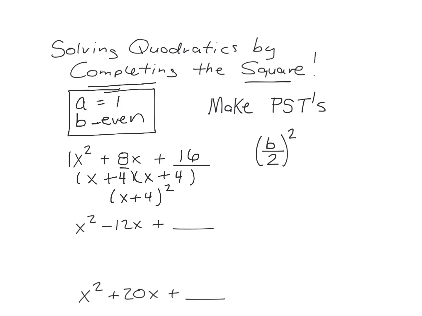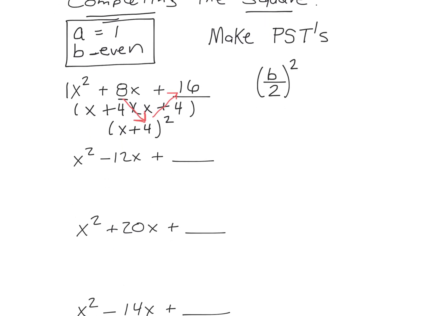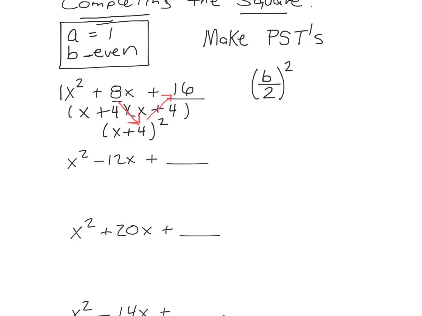Now, a relationship that you're going to see in all these is that you're going to have half of 8, which is 4, and then 4 squared is 16. And we'll talk about that a little bit later today. So this next one, we have x squared minus 12x plus what?